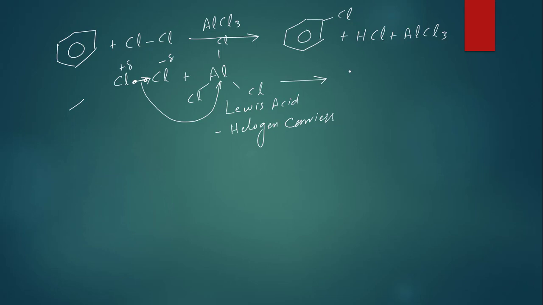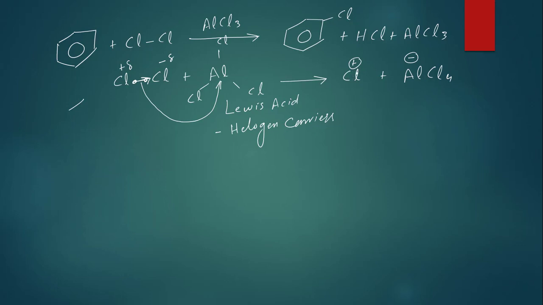So we will get our electrophile chlorine, and then again AlCl4 negative, aluminum tetrachloride with a negative charge. Okay, so this is our strong electrophile.